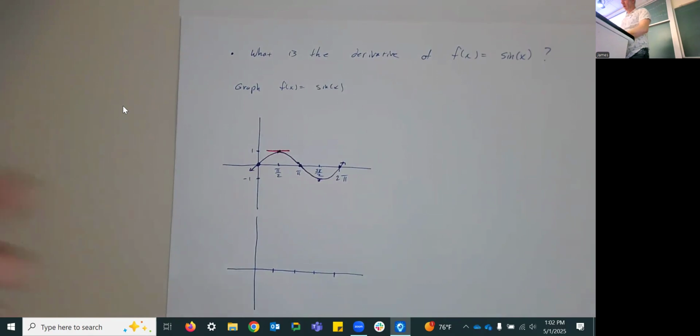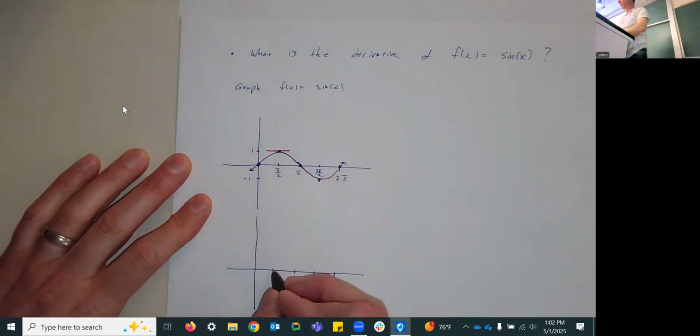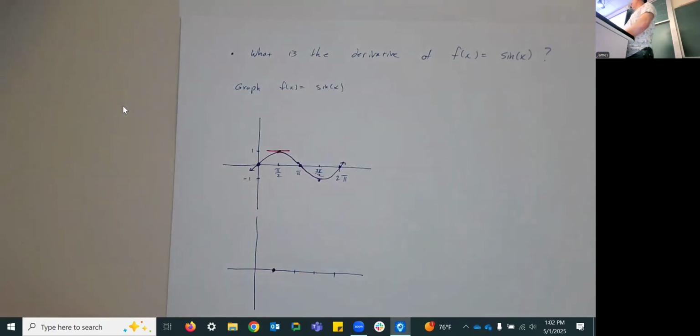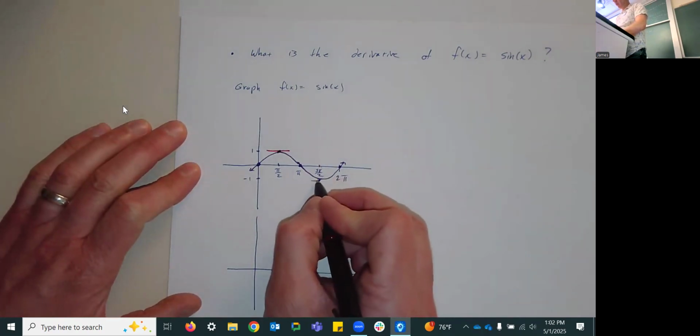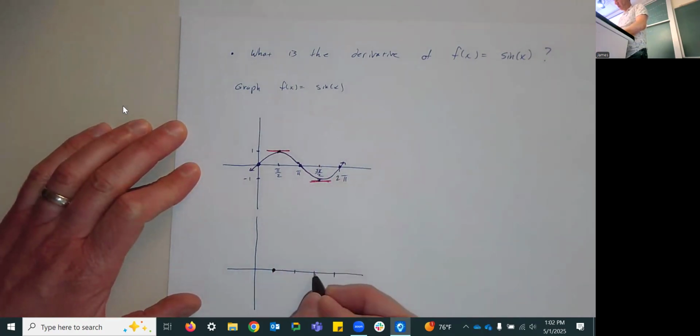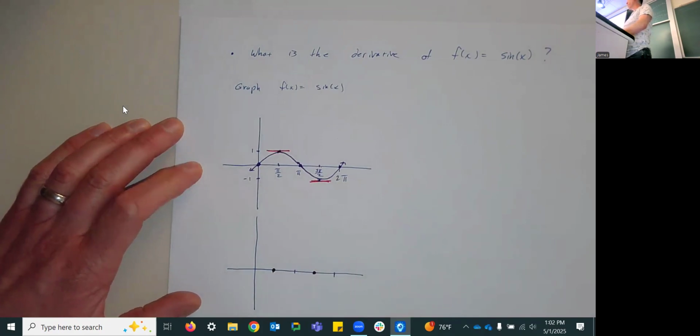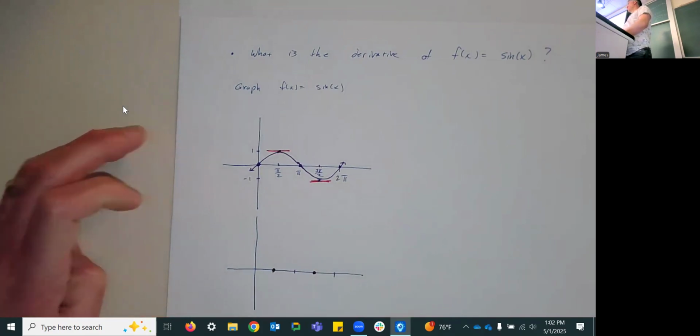Horizontal lines have a slope 0. So down here, if I'm graphing the derivative, the function value is going to be 0. And the same thing is true at what other value? Over here at 3 pi over 2, the tangent line would also be horizontal, so the value would also be 0.